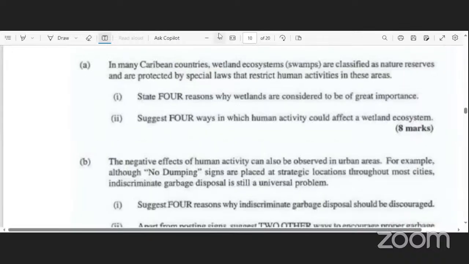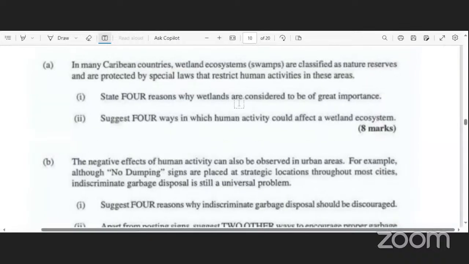So in many Caribbean countries, wetland ecosystems, swamps, are classified as nature reserves and are protected by special laws that restrict human activities in these areas.